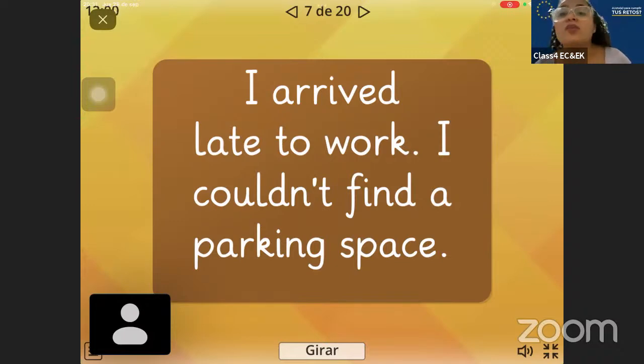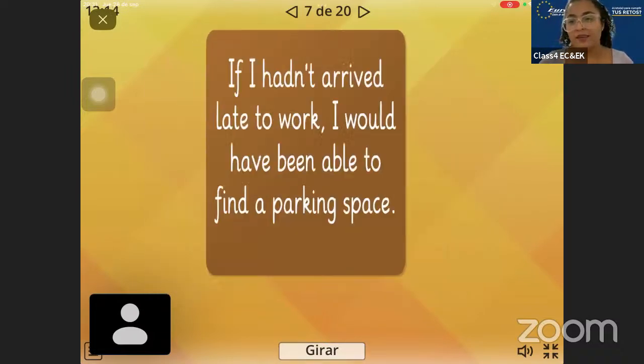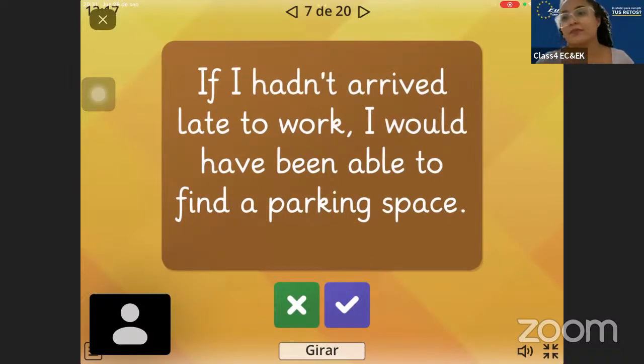Si hubiese encontrado un lugar para estacionar, no habría llegado tarde. Bueno, if I hadn't arrived late, well, that's another way, pero es lo mismo. La idea es la misma.